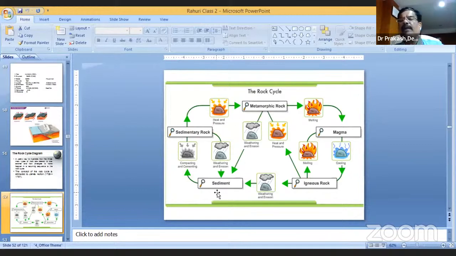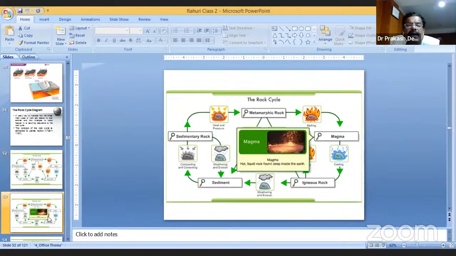Then they will form sediments, and these sediments undergo the process of sedimentation, resulting in the formation of sedimentary rocks. So this is about the rock cycle, and I have given examples of that.